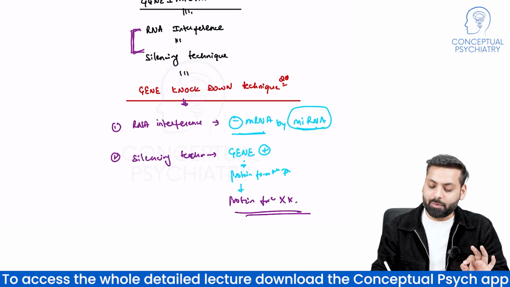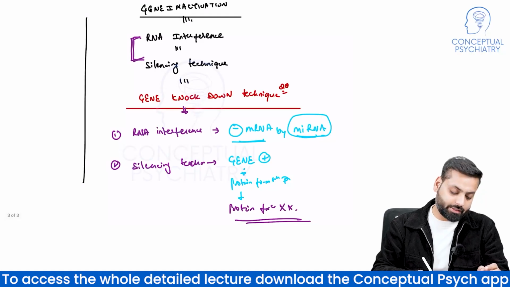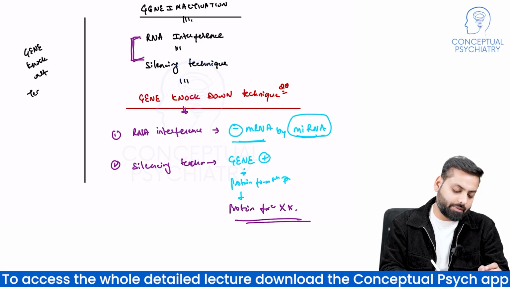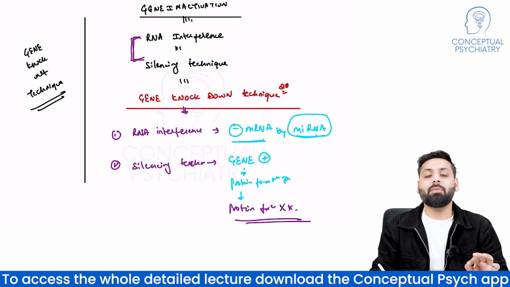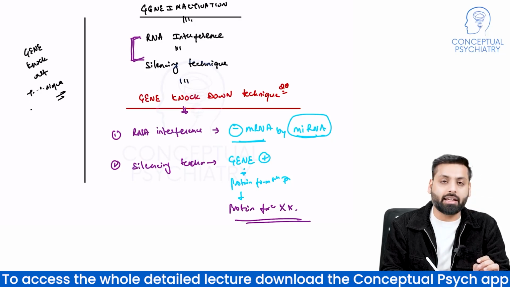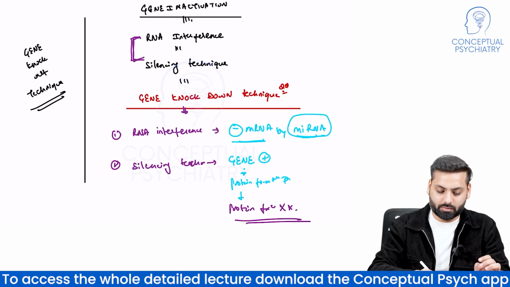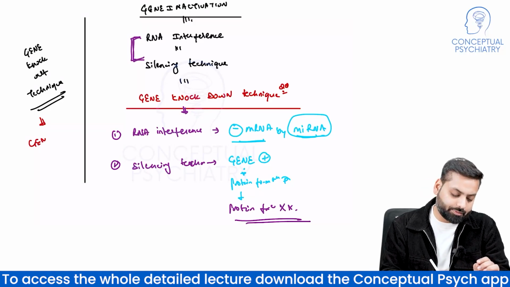Okay. Why am I telling you this? Because there is a similar wording, that is gene knockout technique. In gene knockout technique, what is the main thing? You delete the gene only.